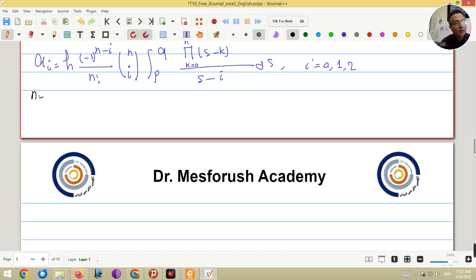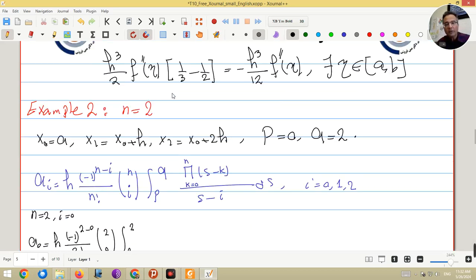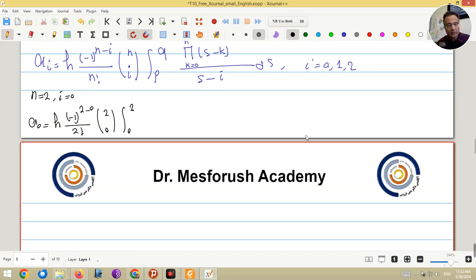So let me do this. First of all, note that n equal to 2 and i equal to 0. So a0 is h times minus 1 to the power of 2 minus 0, so 2 minus 0 over 2 factorial, combination 0 from 2, integral from 0 to 2. We have computed p and q from here, right?